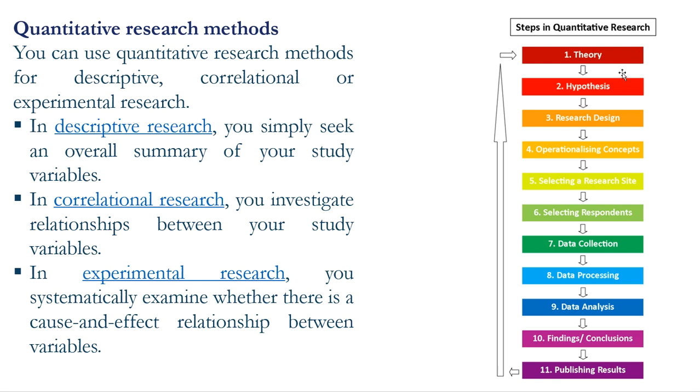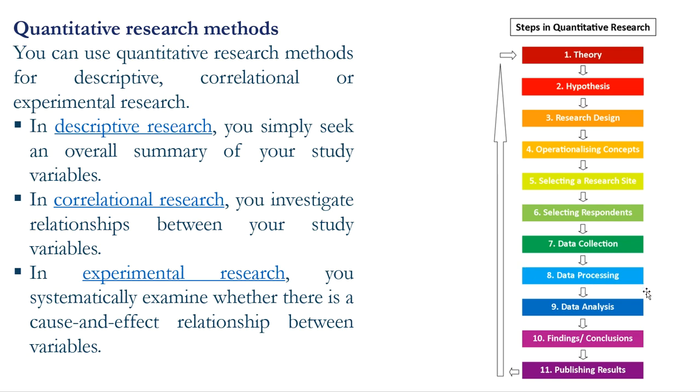First, the user must identify through theory and generate the hypothesis and formulate the research design, categorized into operational concept-wise analysis, and select a particular research topic or site, and select respondents who are really involved in this area. Then collect the sample and randomized data from various sources, existing sources or any other external sources, and do pre-processing and post-processing in data processing.